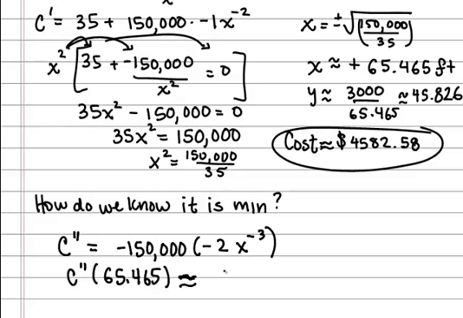And that will give me a value that is 300,000 divided by x cubed. And so plug in 65.465 into there. And we don't actually need to know what that value is. We just need to know that that quantity is positive.